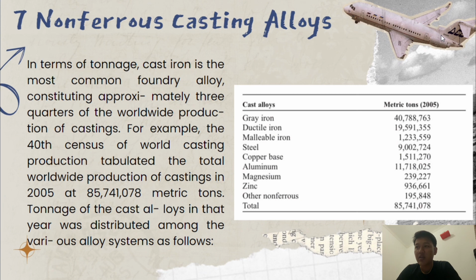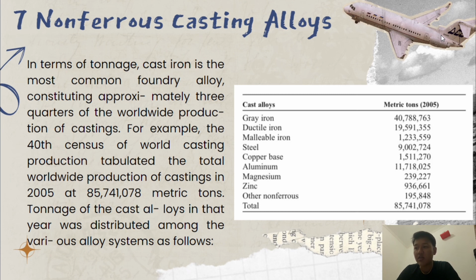7. Non-ferrous casting alloys. In terms of volume, cast iron is the most common foundry alloy, consisting of approximately three quarters of the worldwide production of castings.